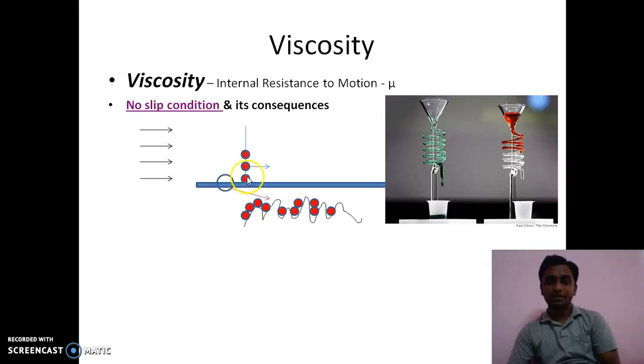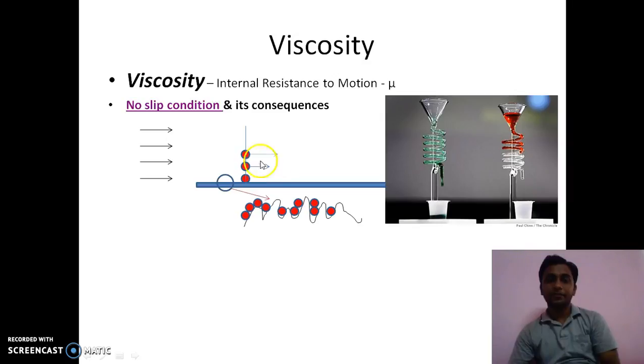This molecule, as it is at rest, will have velocity equal to 0. This molecule's velocity is shown by this arrow. Definitely the magnitude for this molecule, as compared to a free stream molecule, will be less. It is because the momentum of the molecule is disturbed or reduced because of this stationary molecule, and hence this velocity will be less.